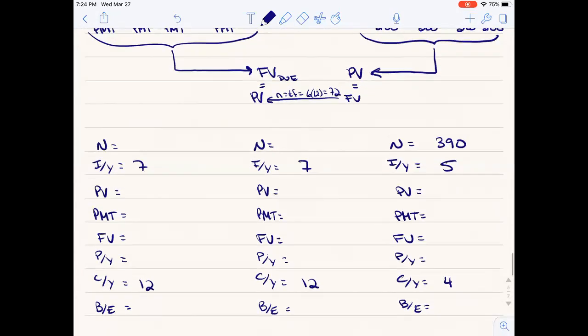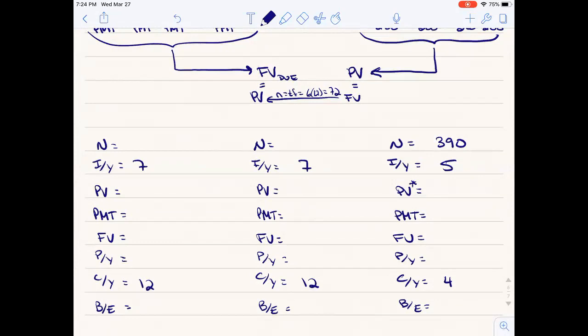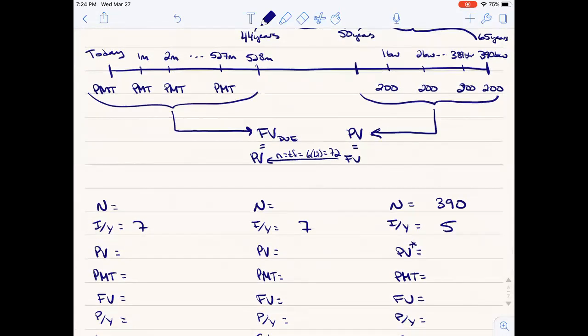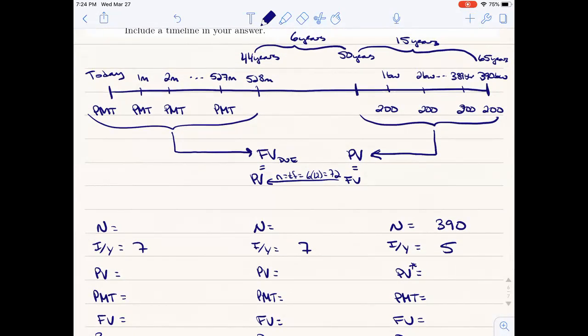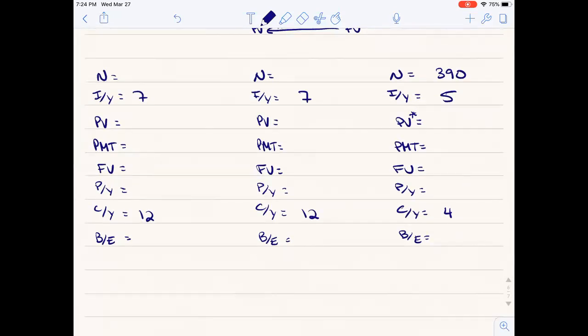For this first phase, we're trying to find the present value, so I'll put a star there. And then the payment amount: here we're getting $200 each biweekly period, so it's going to be positive 200.